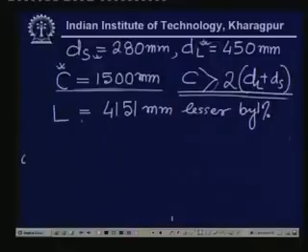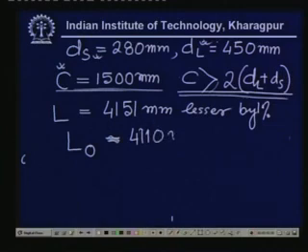So the final belt length for the open drive comes to around 4110 mm. So the belt length is 4110 mm.